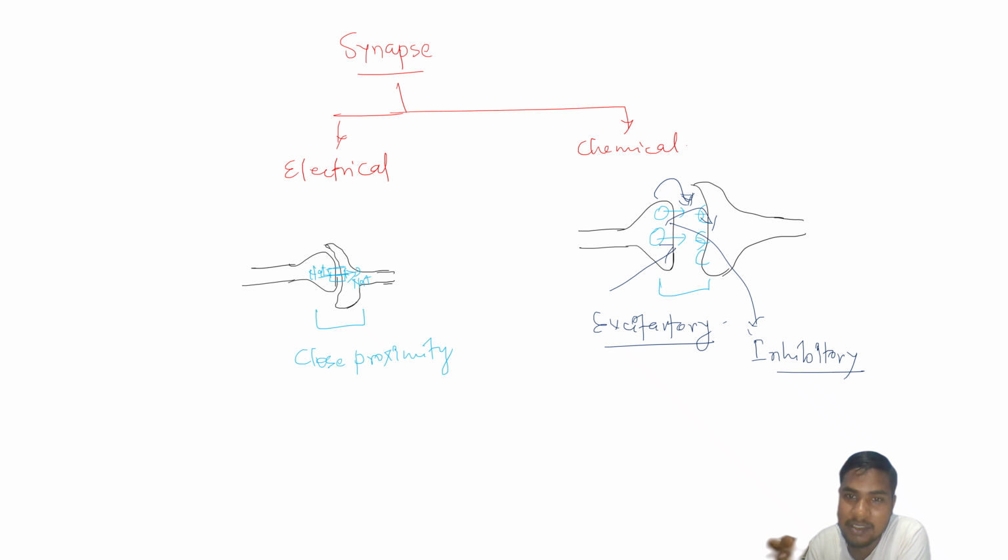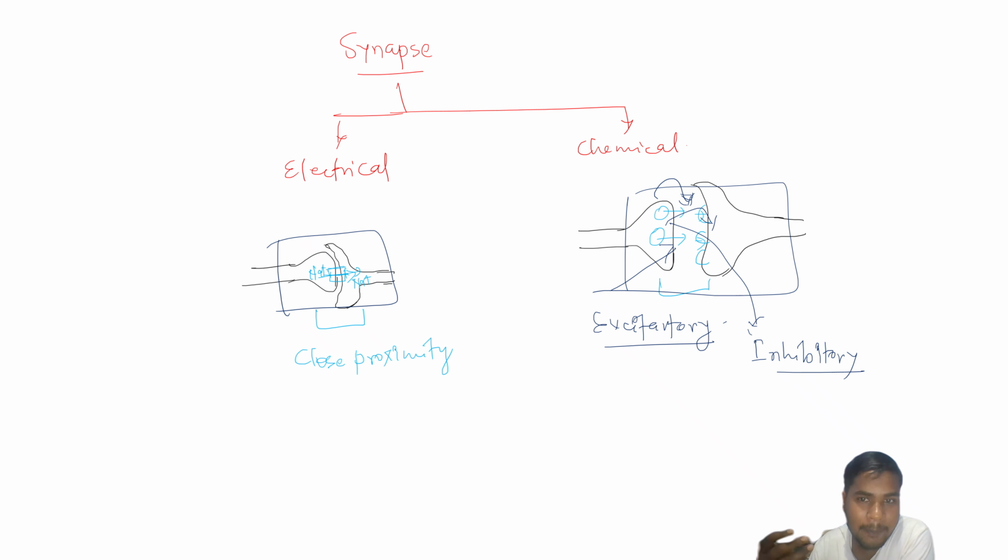That's why our human system does not rely on electrical synapse. Most of our human system has chemical synapse to modulate the nerve impulse and nerve signals. So remember, our human system mostly has chemical synapse, not electrical synapse.